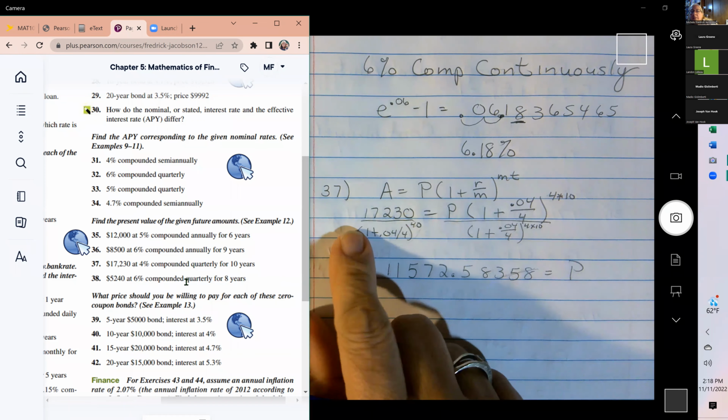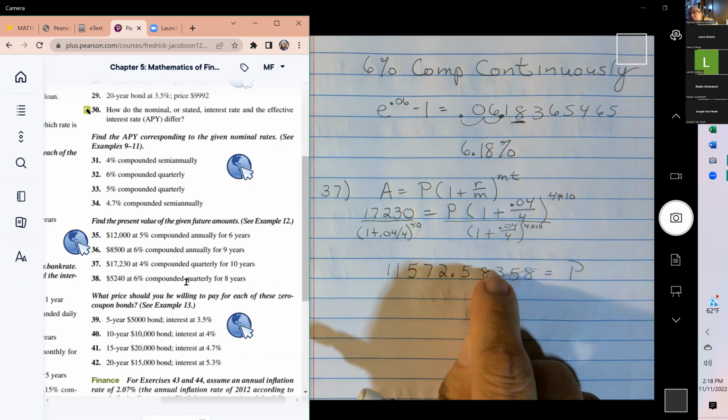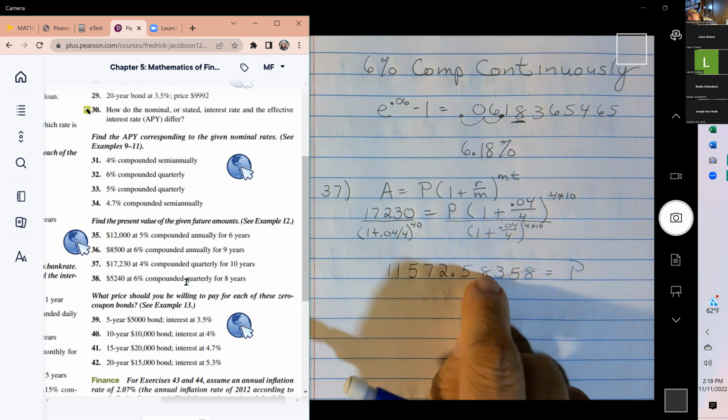we're not going to hit the 17,230. We're going to fall short. So we would need to round the 8 up.